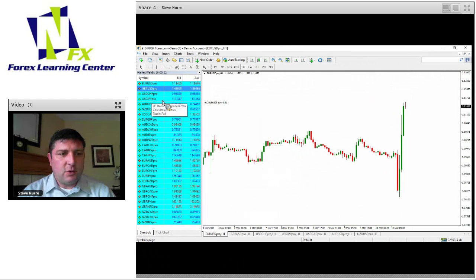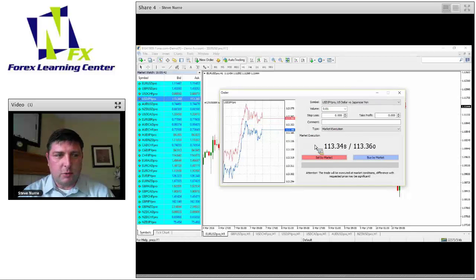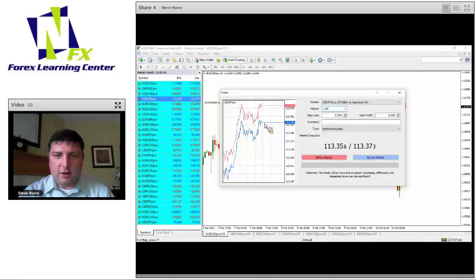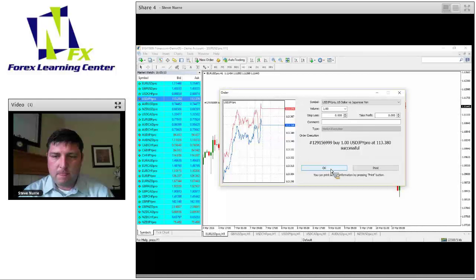So let's do dollar-yen. Another thing you can do to place trades, and we'll get into more of the trading aspect in further tutorials, is click on the asking price on dollar-yen. We'll just double click over here in our market watch, and if we want to do a standard lot, it would be 1 under the volume. So let's just buy a standard lot at, let's say, 113.380 as our opening price.